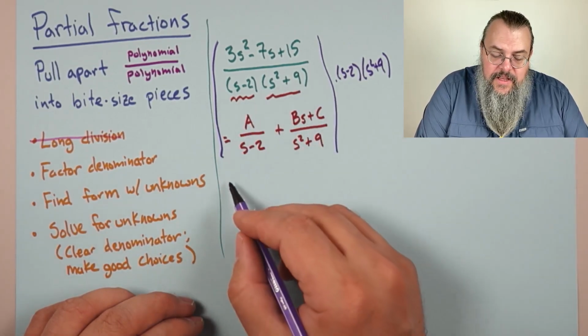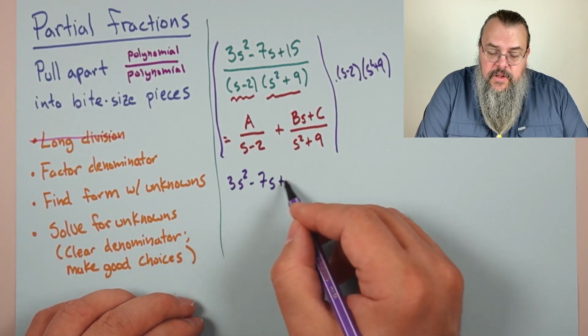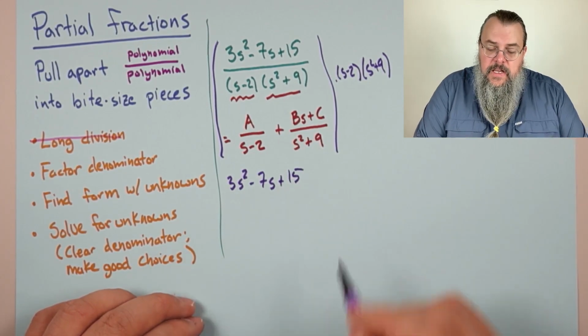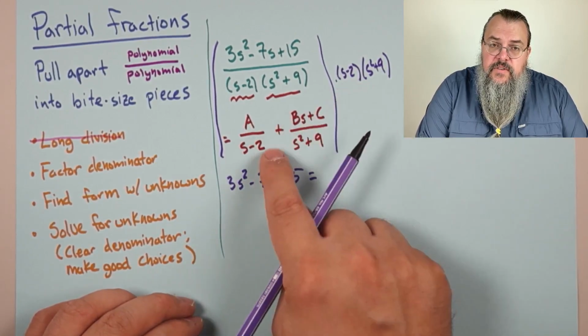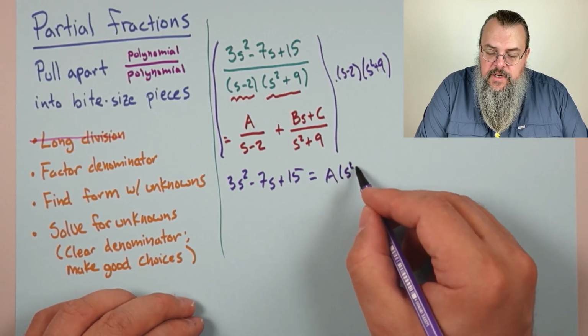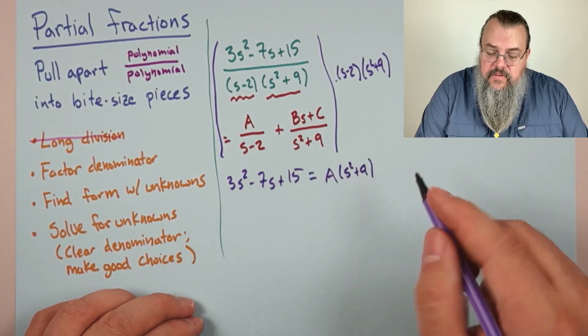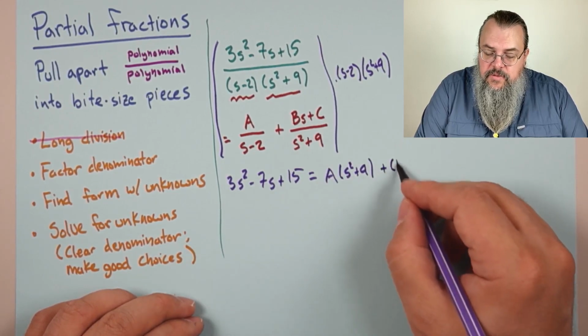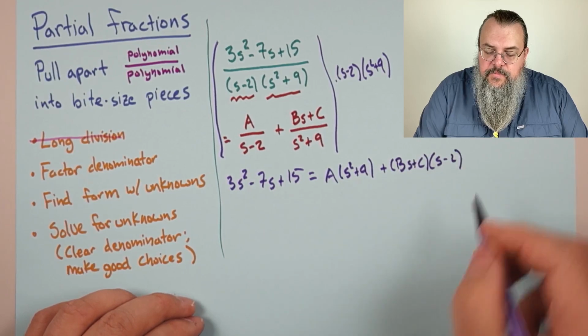On the left hand, we get 3s squared minus 7s plus 15. On the right, in the first term, the s minus 2's cancel, so we get a times s squared plus 9. In the second term, the s squared plus 9's cancel, so we end up with b times s plus c times s minus 2.